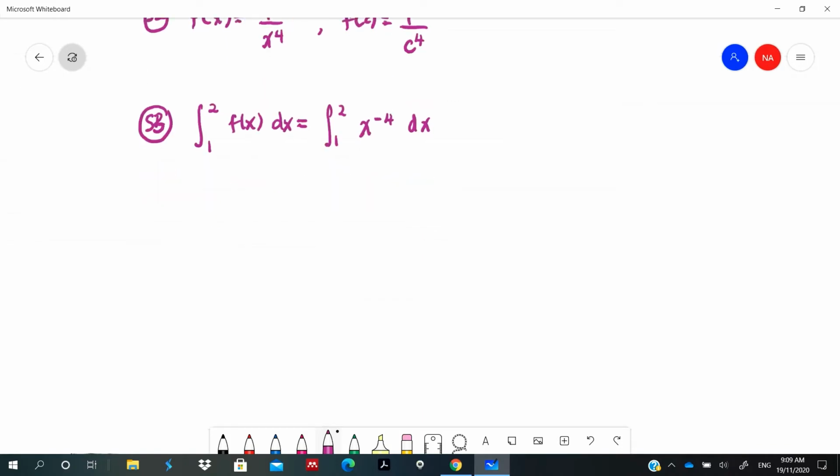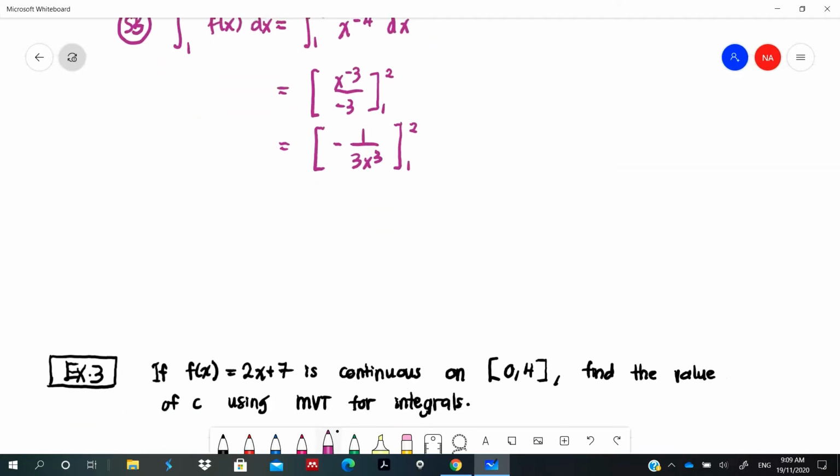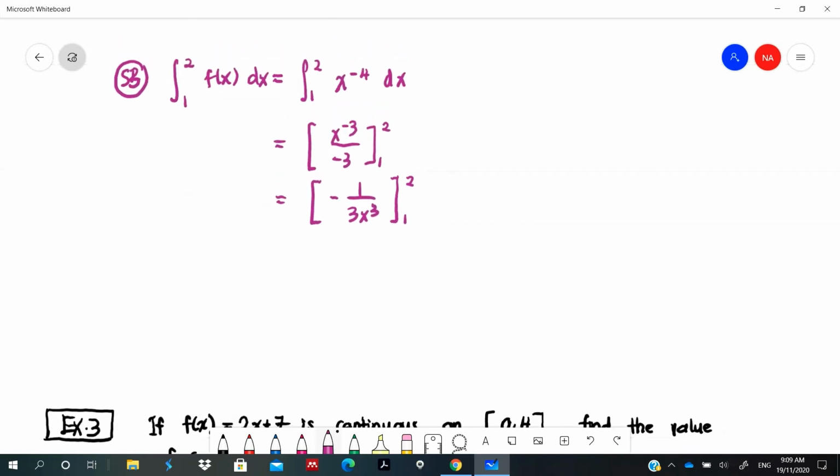Integrating this will give us x to the power negative 3 over negative 3 from 1 to 2, and this can be simplified as negative of 1 over 3x cubed from 1 to 2. Next is to substitute the value of x with 2 and 1.